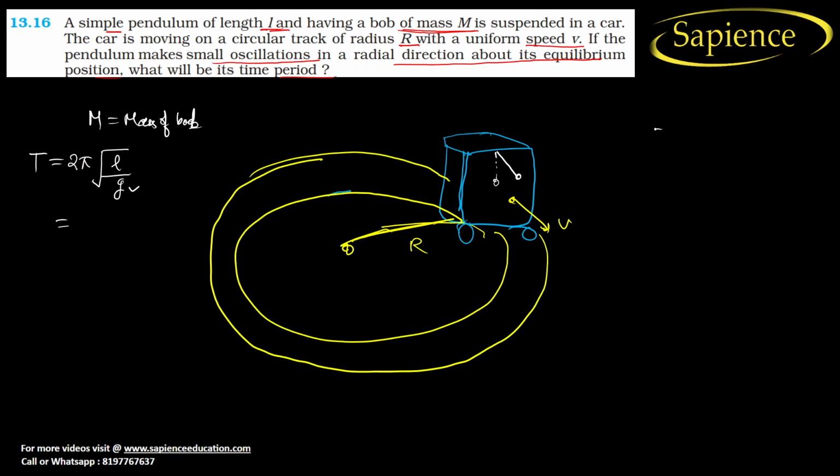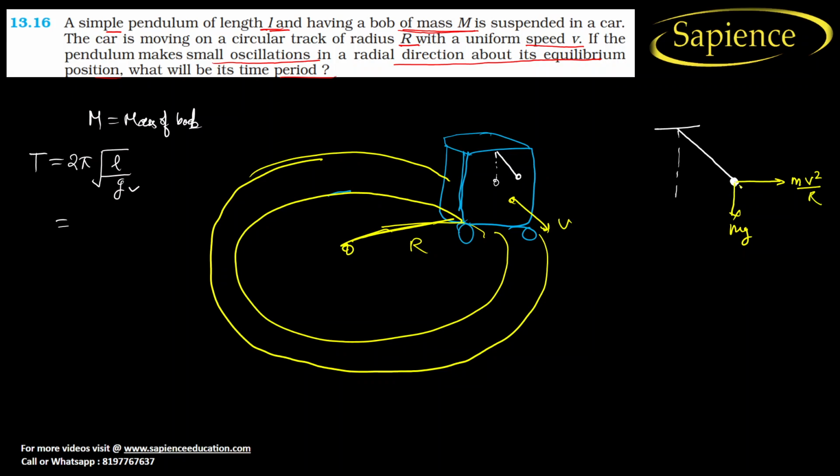When we draw the diagram for the pendulum in this case, in the downward direction the force acting is mg, and in this direction a pseudo force in circular motion will act, that is equal to mv square by r.